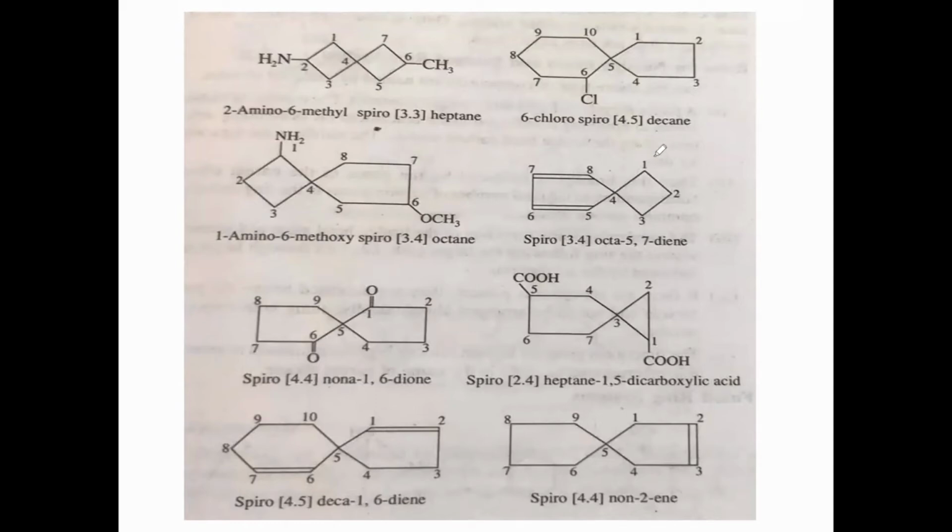If the numbering starts from here, 1, 2, 3, then this one is 4, 5, 6, 7 and 8. So we counted the number of carbon atoms in the parent alkane, which is 8. 8 means it is an octane.